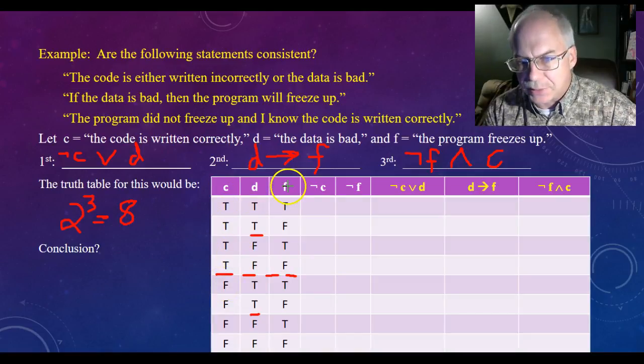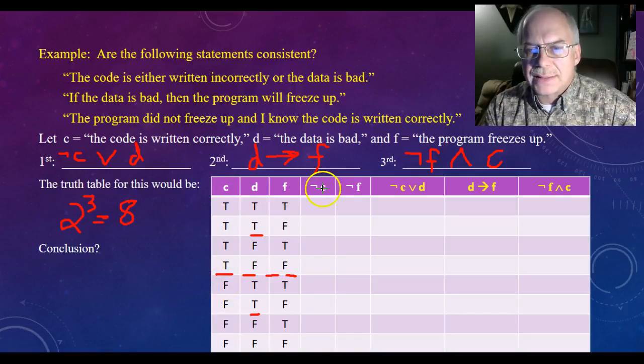Okay, so not C, we're going to basically do the opposite of the whole first column. So it's basically 4 F's, and then we're going to have 4 T's.